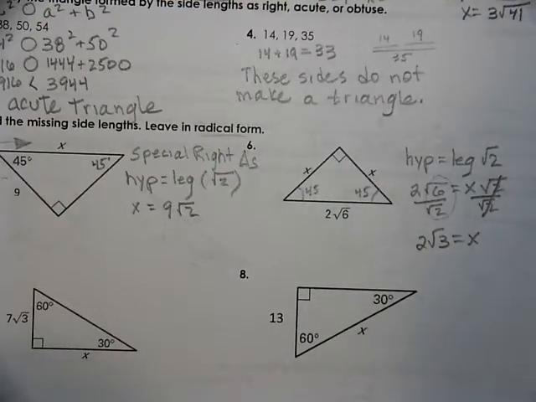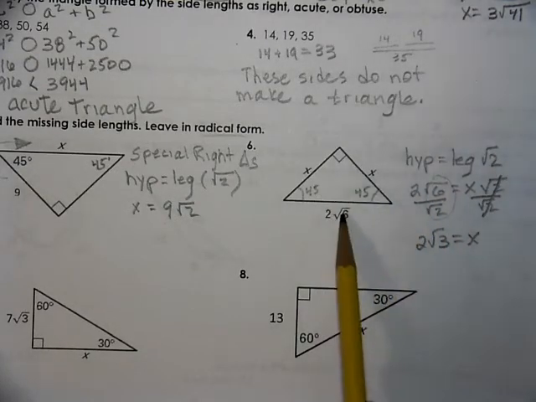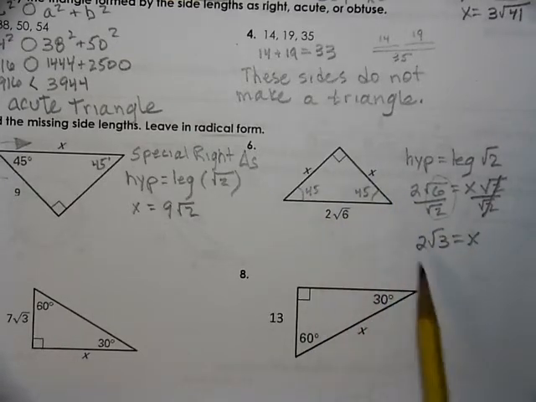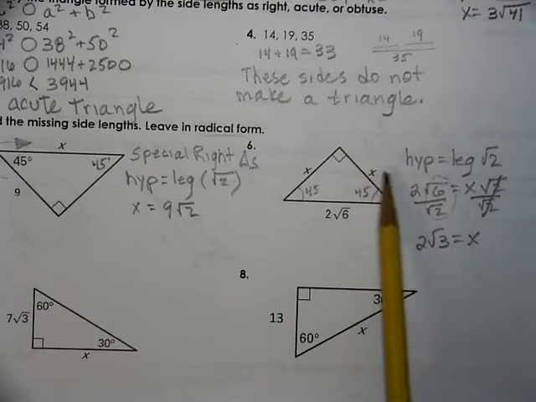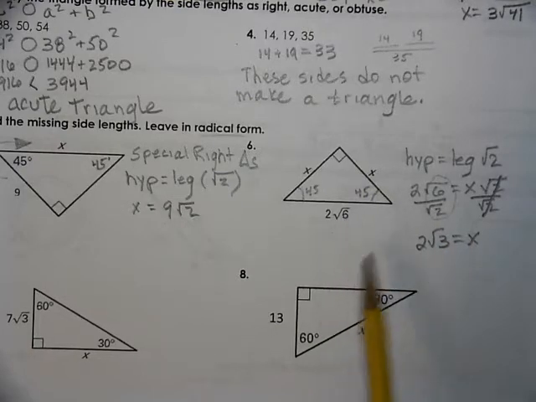I know that's not a common length for what we typically talk about for leg lengths, but we're using our formula and we did our calculations correctly. The hypotenuse was a funny measurement of root 6, so that makes the leg a funny measurement. The hypotenuse has to be root 2 times the leg. So root 2 times root 3 gives us that root 6. So that's how we got that measurement.